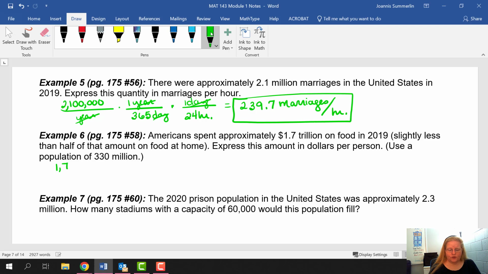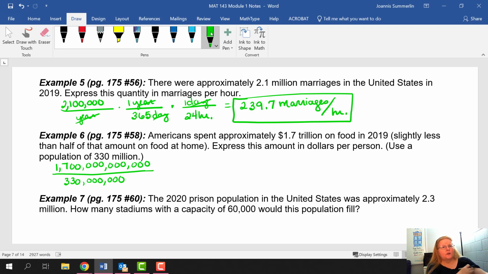So that's 1,700,000,000,000, okay, that's what that looks like, over our 330 million.